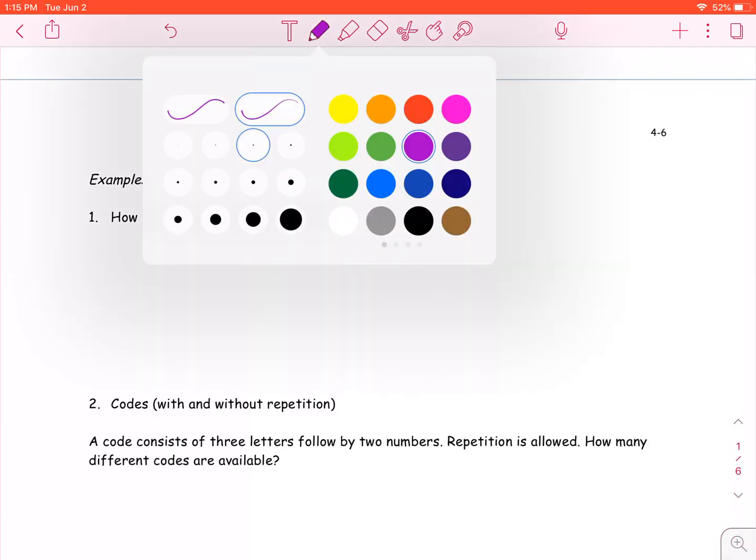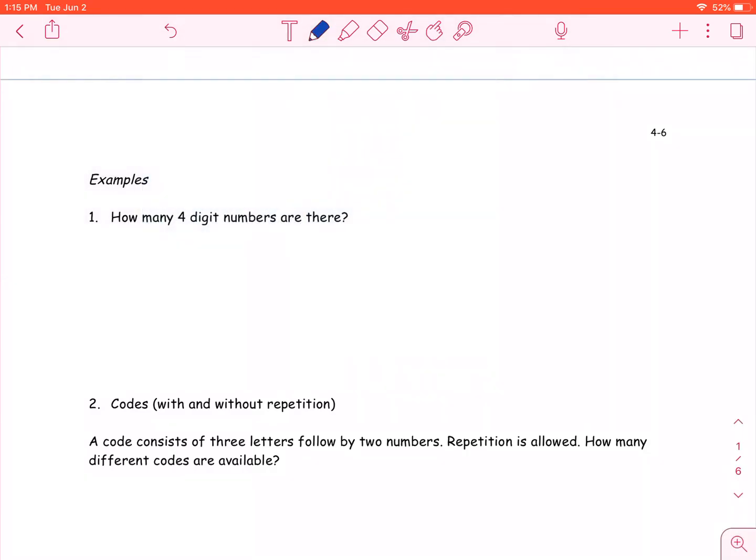So let's consider this. We have to figure out how many 4-digit numbers there are. If we were to think about the possible digits, we would say there's 0, 1, 2, 3, 4, 5, 6, 7, 8, 9. So I just listed 10 different numbers, ranging from 0 to 9.